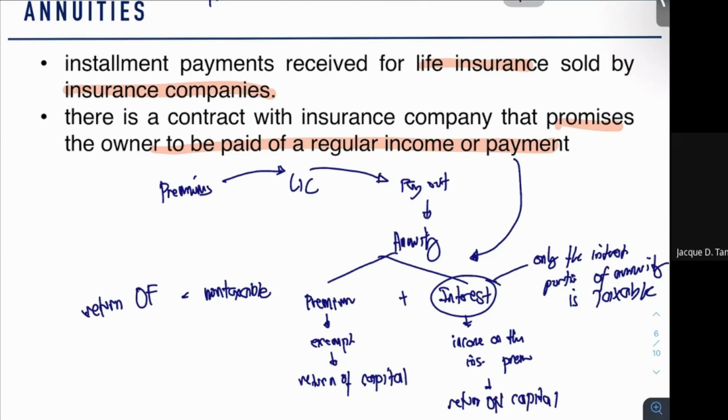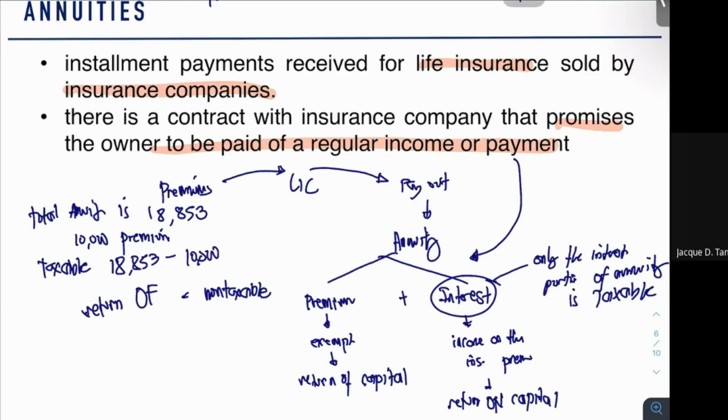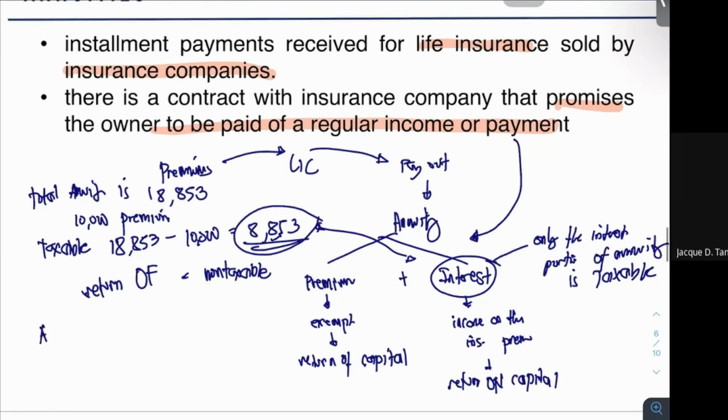So for example, your total annuity is 18,853. 10,000 is for premium. The amount taxable is the difference between the total annuity less the premium. So 8,853, this pertains to our interest. So in short, annuity less the premium, this is the amount taxable.